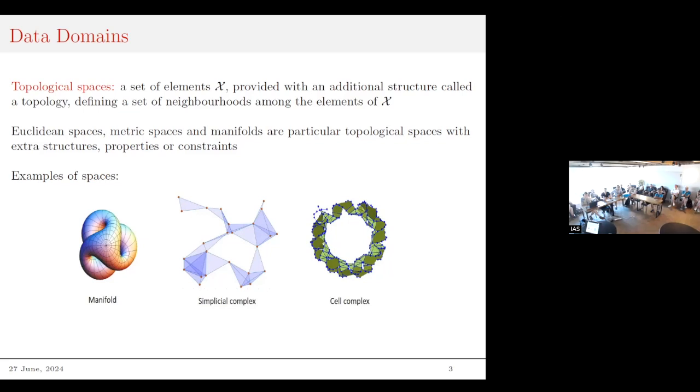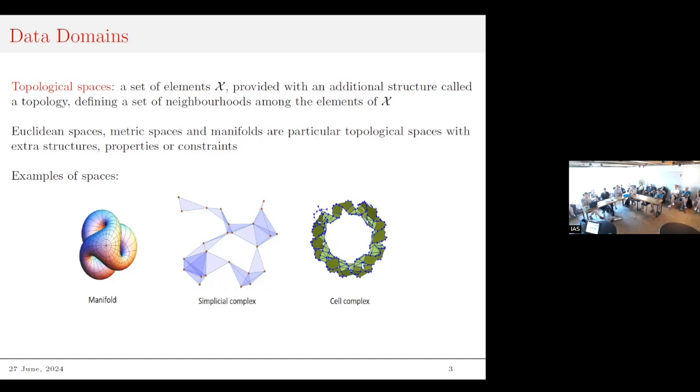In this figure, we have some examples of topological spaces. We have a manifold. We have discrete topological spaces: simplicial complex, cell complex. These will be the object of our study. Discrete topological spaces. We analyze signals over these spaces.